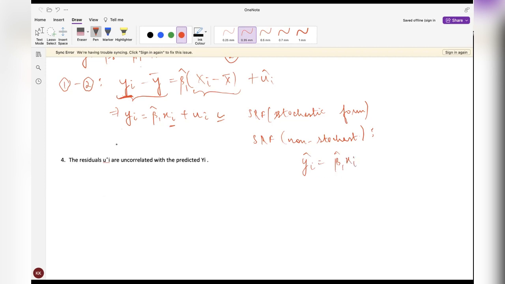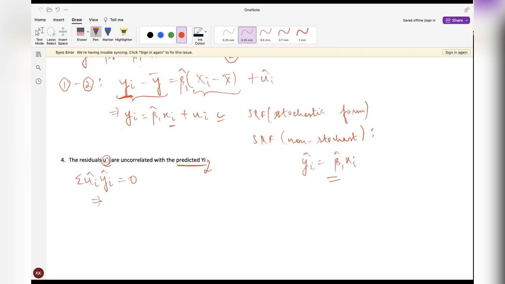Remember this because it is useful for our next property, which says that the residuals ui hat are uncorrelated with predicted y. How do we prove this? We simply take the summation of ui hat with yi hat, and we need to prove that this is equal to 0.